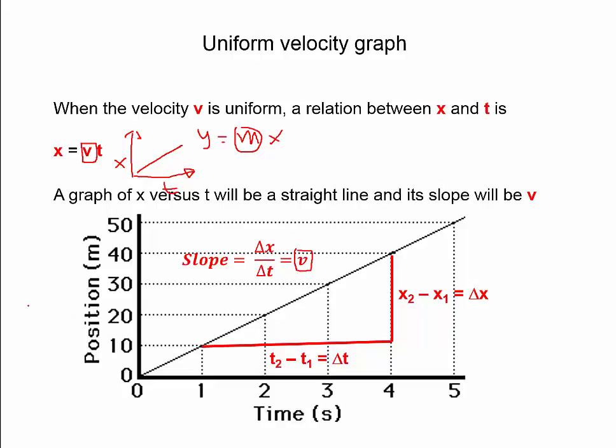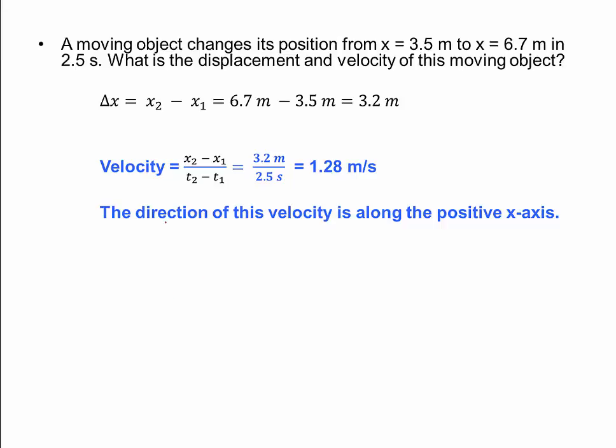All right, let's now do a simple calculation based on this. A moving object changes its position from x equal to 3.5 meter to x equal to 6.7 meter in 2.5 seconds. What is the displacement and velocity of this moving object?